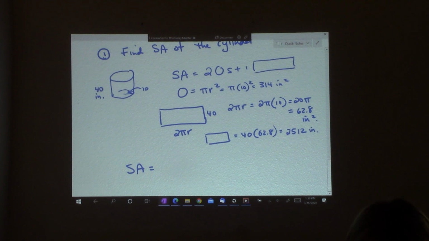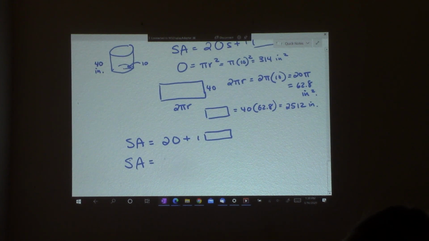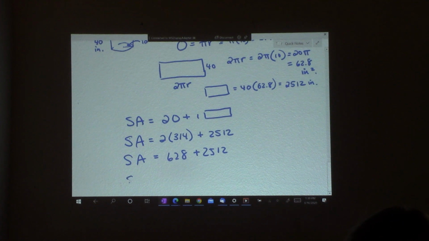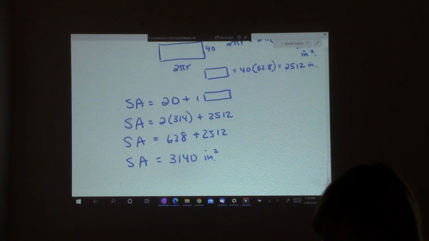My surface area is 2 circles plus 1 rectangle, and I'm going to have 2 times 314 plus 2512, and I get 628 plus 2512, and my surface area ends up being 3,140 inches squared. Okay, well that concludes our lesson, and I hope that helps you.